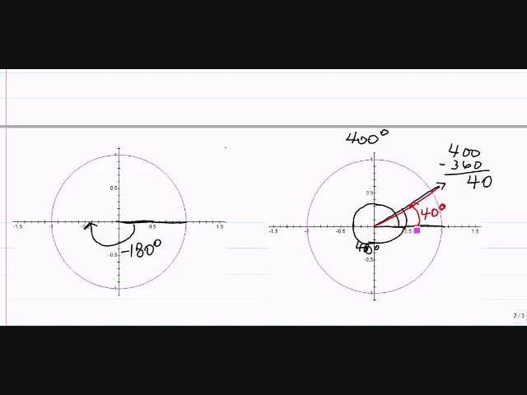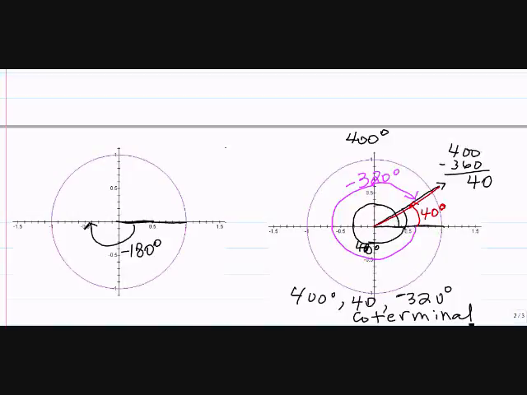I could start from standard position and do a negative 90, 180, 270, plus another 50, and get to the same spot with negative 320 degrees. So all these angles, 400 degrees, 40 degrees, and negative 320 degrees, are coterminal. They terminate at the same place.